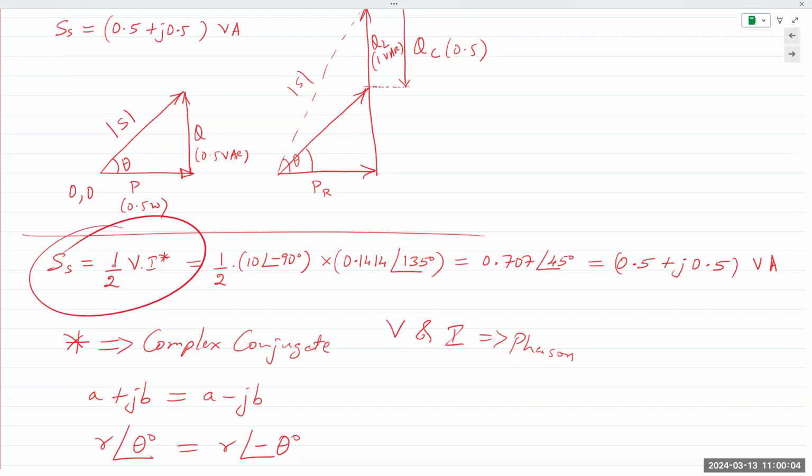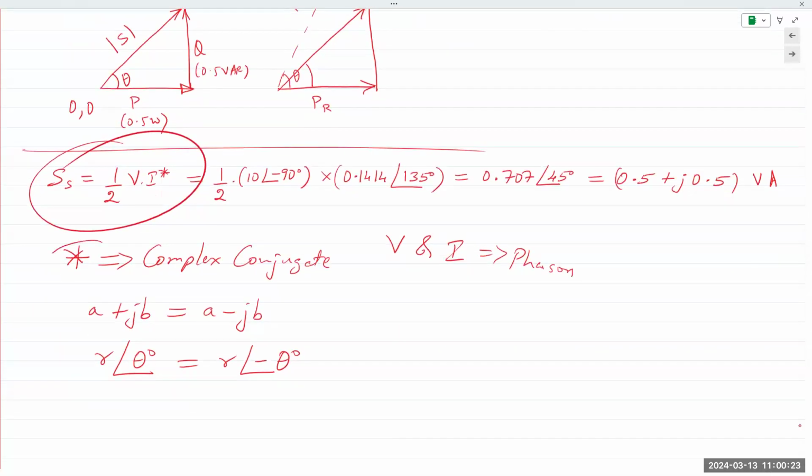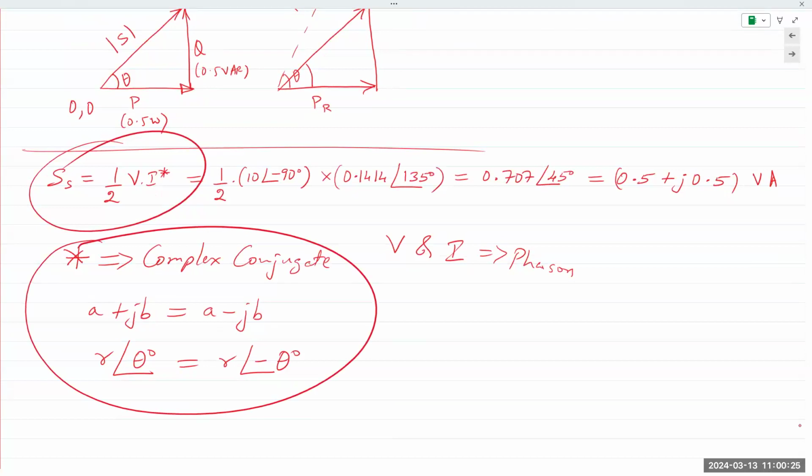But I star, or I asterisk, denotes the complex conjugate. The star or asterisk notation is saying that it is the complex conjugate of that quantity. So I star is basically the complex conjugate of the current I. It simply flips to the other side of the axis, so a positive phase angle becomes a negative phase angle, and a negative phase angle becomes a positive phase angle.